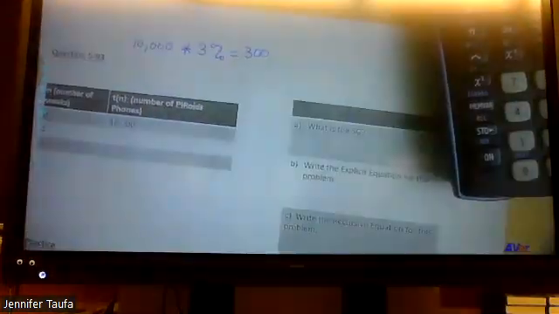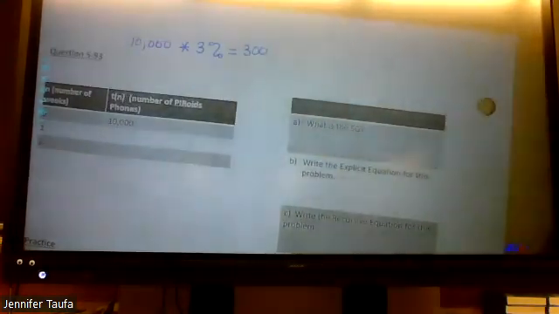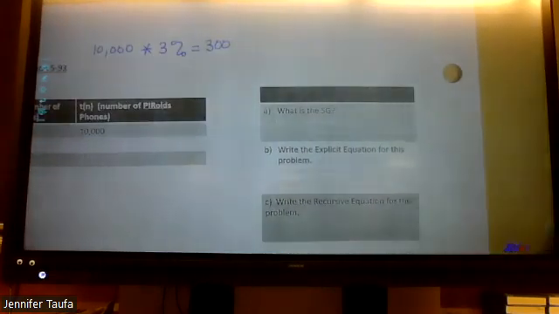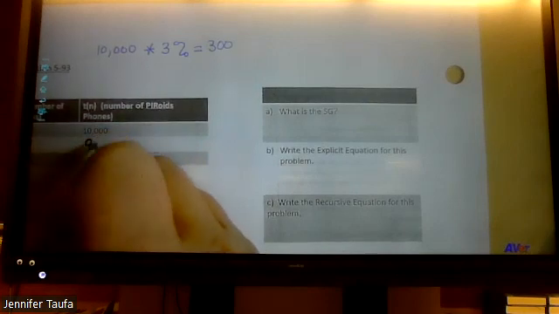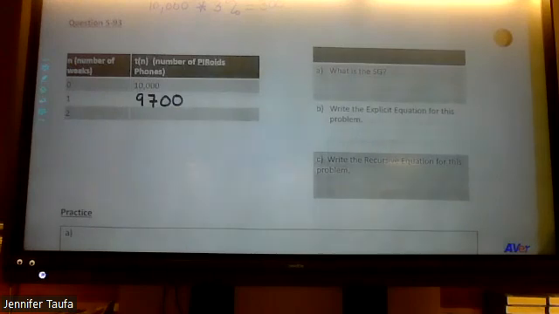I get 300. So does that mean I only sell 300 phones week 1? No, that's what I lost. Okay, so what's 10,000 minus 300? That's the number of phones that I have. Remember, I lost 3%. So I lost 300 phones in my sales. So 10,000 minus 300 is 9,700 phones. Okay. So I know that week 1, I've only sold 9,700.